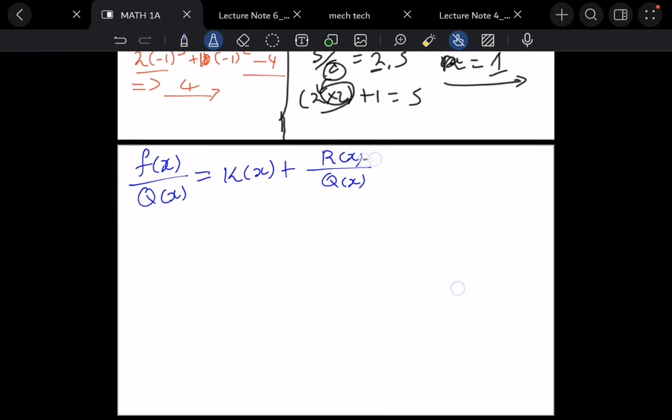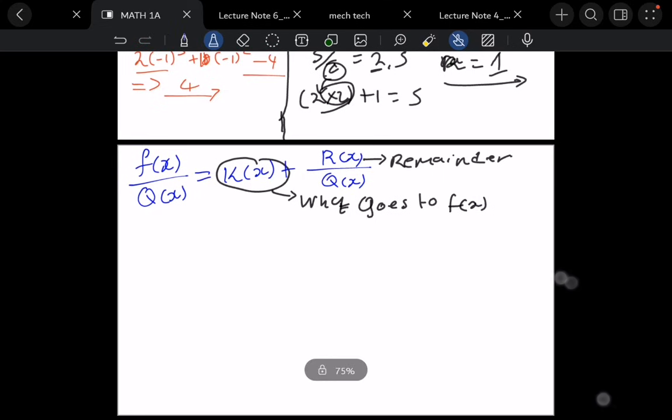So this is the remainder. This function is what goes into f of x, q of x times. You understand?